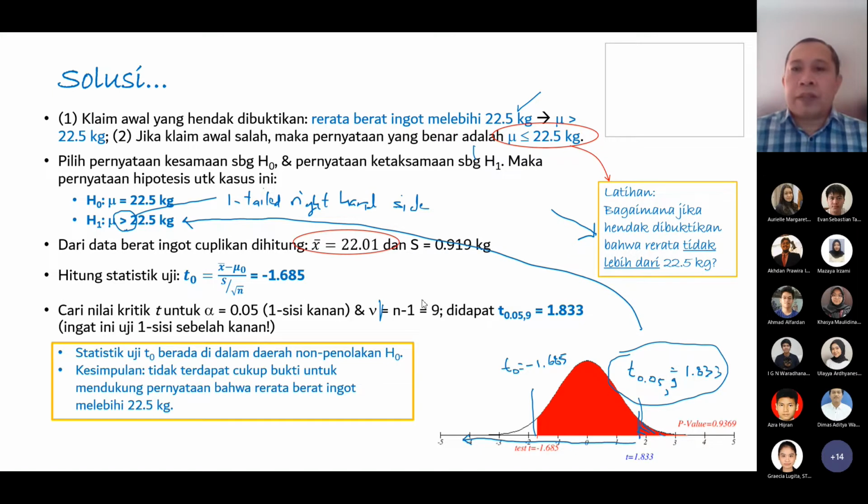Okay, all right. So what happens if we change the initial claim to be that the mean of the ingot weight is not more than 22.5? How does the H naught look now?